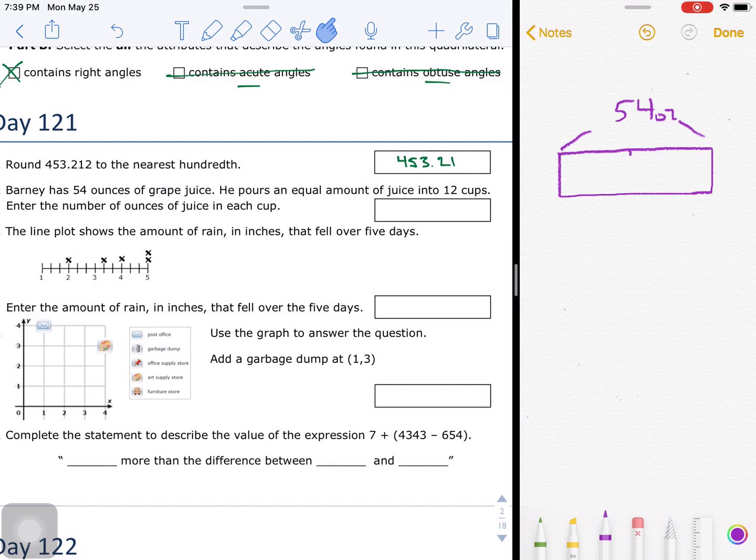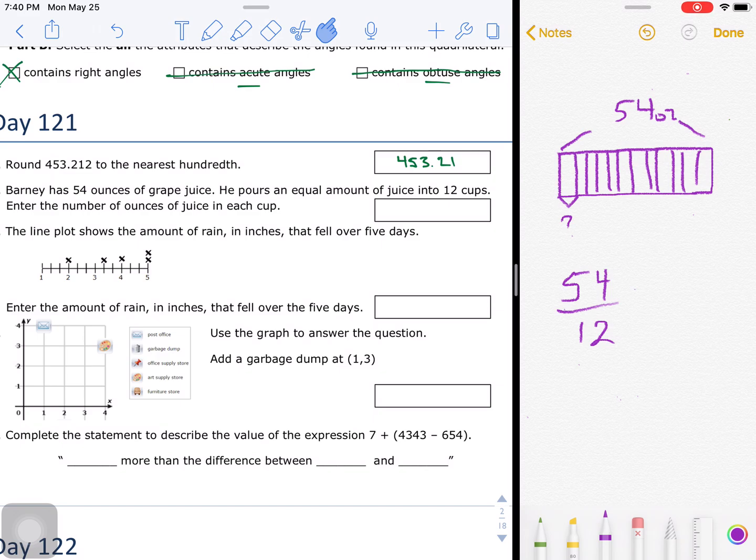So 54 divided by 12. And we want to know how much goes in each cup. So 54 divided by 12 is 54 twelfths.